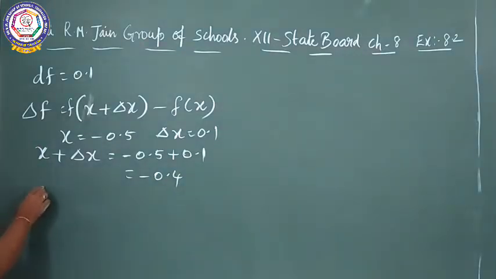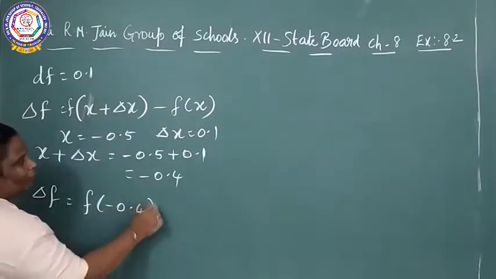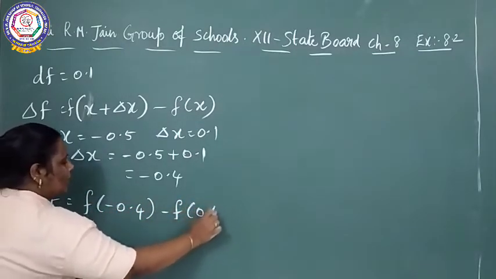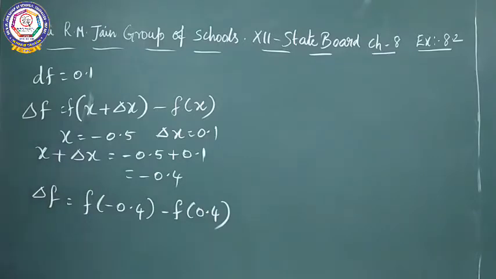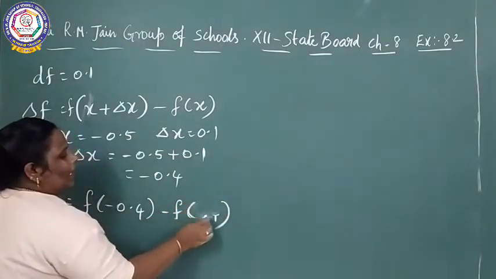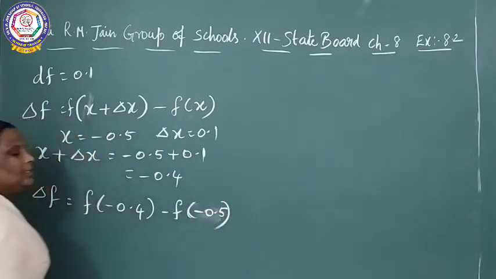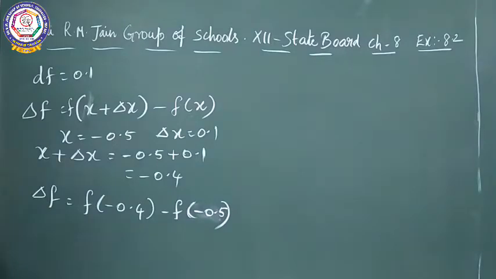So Δf = f(-0.4) - f(-0.5). You can substitute everything in f(x).